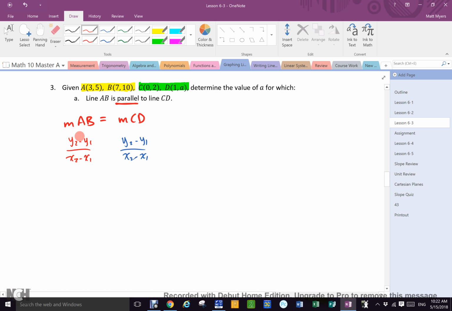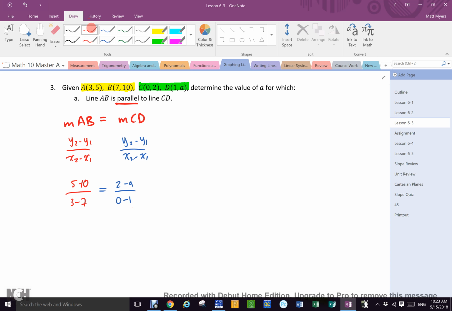What is the y2 and y1 for AB? 5 minus 10, right? That's making this guy y2. What's the x's? 3 minus 7 equals, what's the y2's over here? 2 minus a over 0 minus 1.